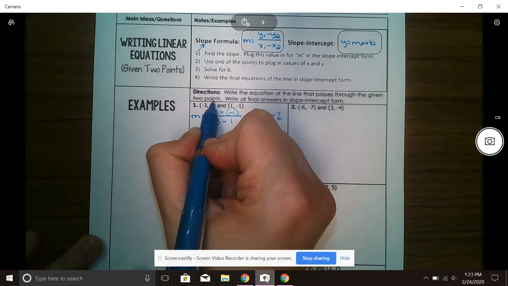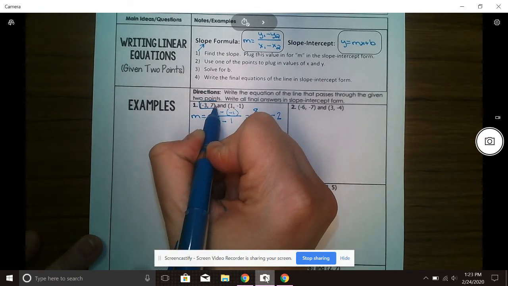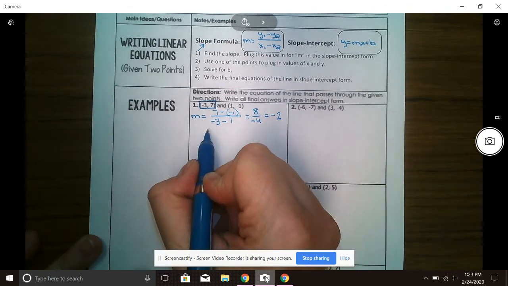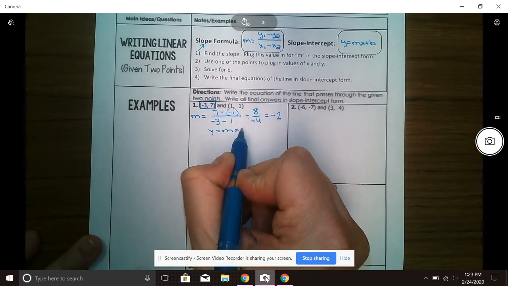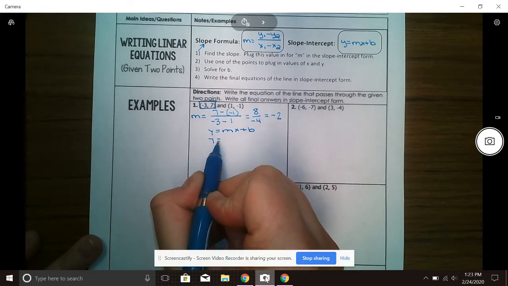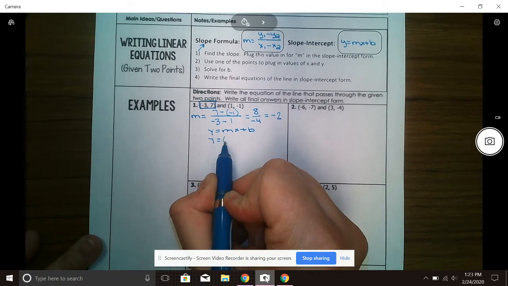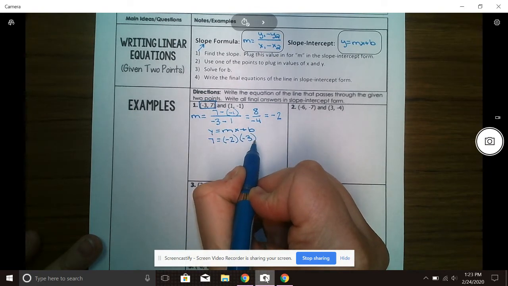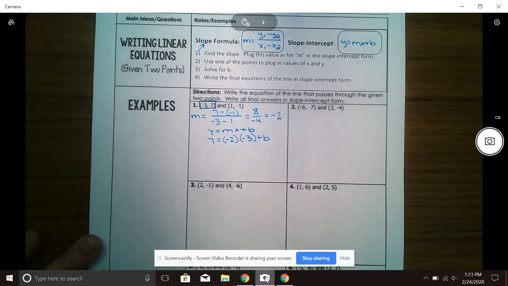I'm going to use the first point as the x and the y in the y equals mx plus b equation. That means 7 will be plugged in for y, negative 2 will be the m, negative 3 will be the x, and I'm back to solving for b.